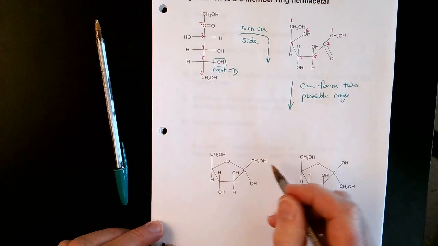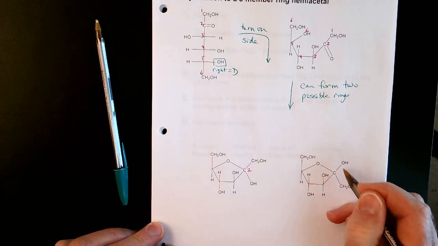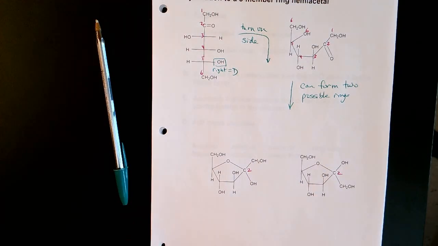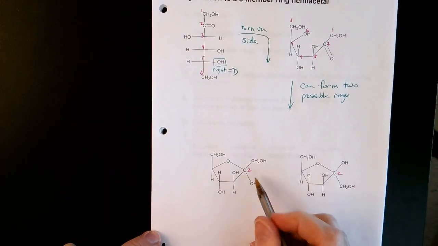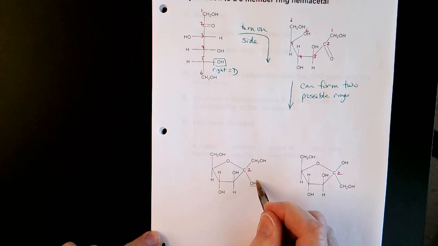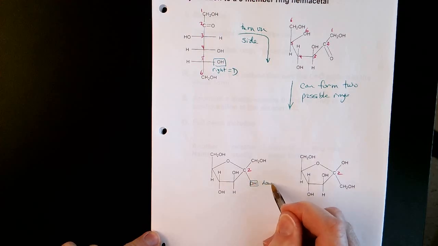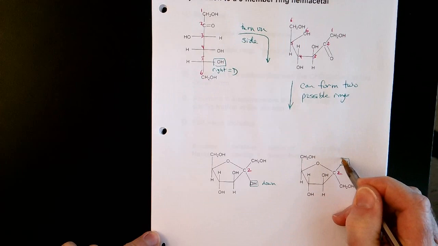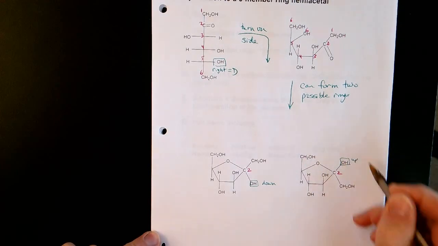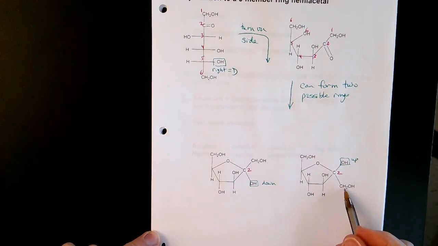All right, let's keep tracking everything right there. There's number 2 and number 2 in those 2 spots. And notice the difference between these two. This OH right here is down, and here it's up. And of course the other partner, the CH2OH, has to take the other position.